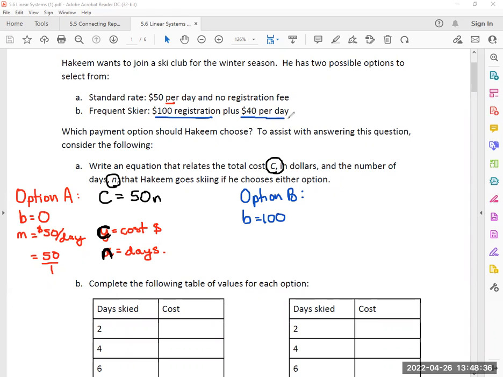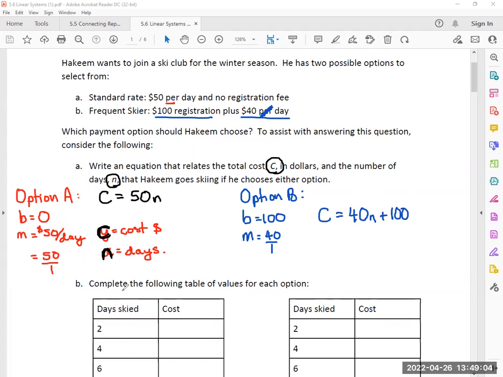It's $40 per day, which means my rate of change is 40 per day, or just 40. My cost is C, and my days is N. C is equal to 40 times the number of days plus 100.